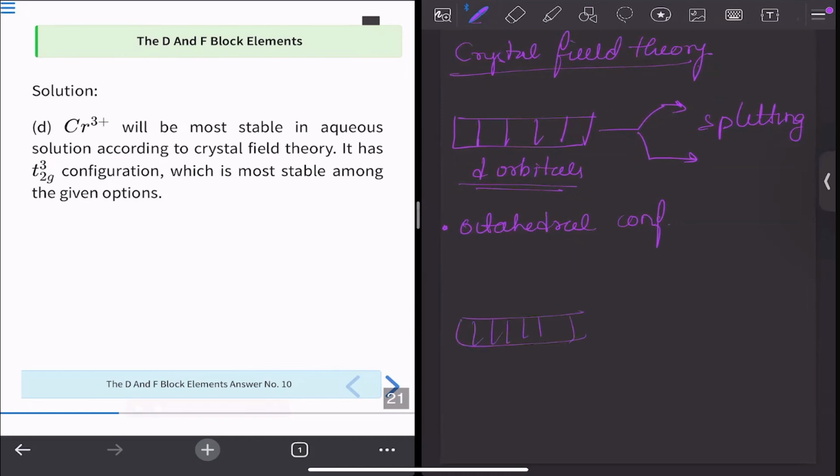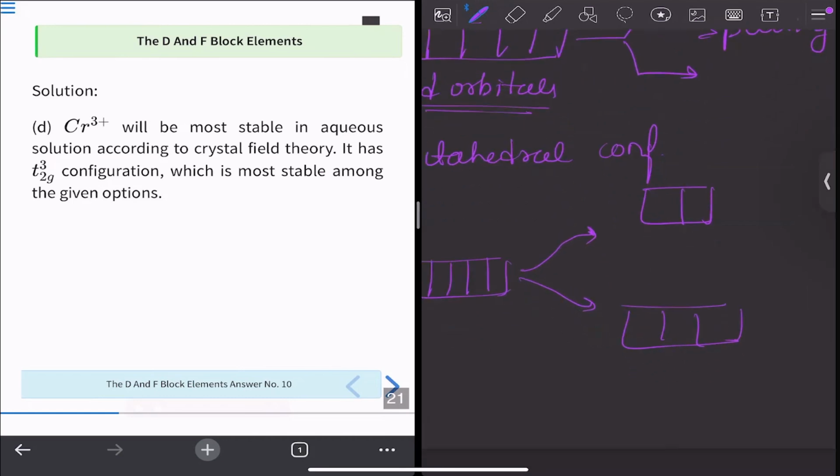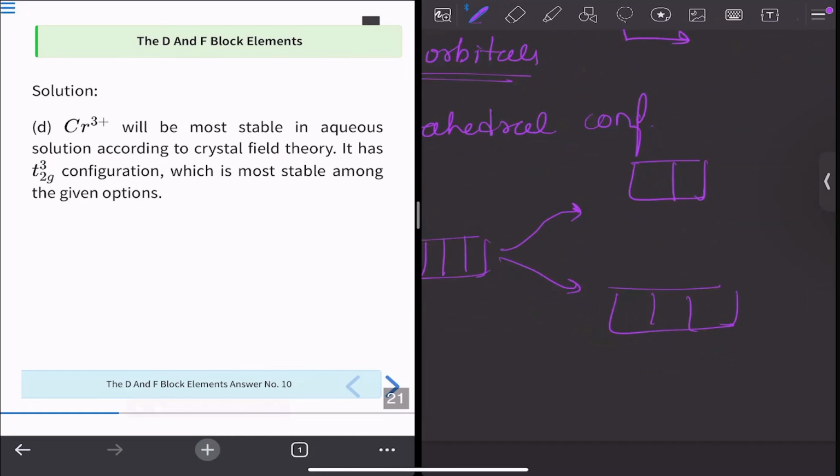So this 5 gets divided into 2 and 3. This will be a lower energy than the high energy.